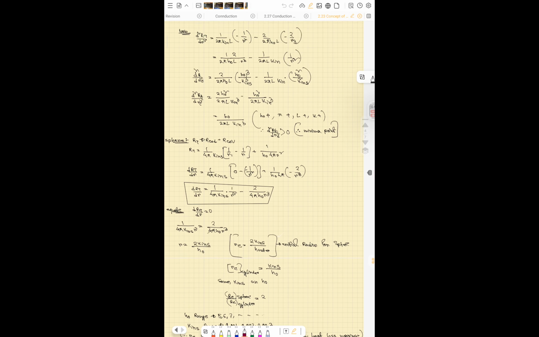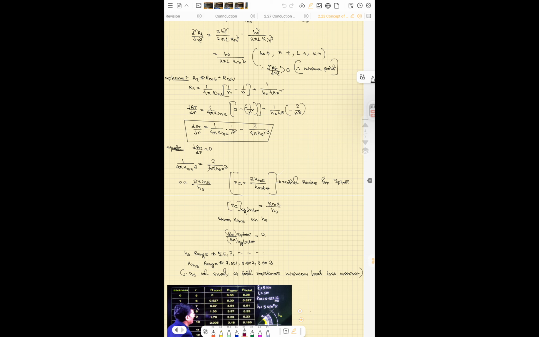These things I am not interested in. The interesting thing is that RC equals k insulation by h for cylinder, and for sphere, 2k insulation by h. I am just reminding you that sphere versus cylinder, for the sphere it is 2 times that of the cylinder.